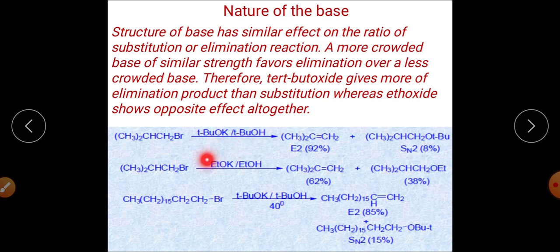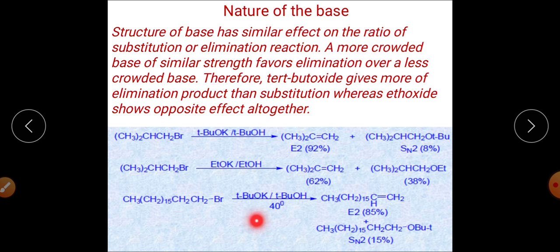This is a less crowded base. At that time, even 62% elimination, whereas the SN2 reaction, the nucleophilic substitution reaction, will be 38%. So this is the difference, how it is changing the ratio of the two products, substitution and elimination.